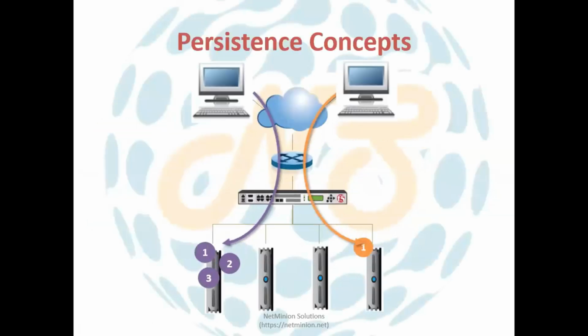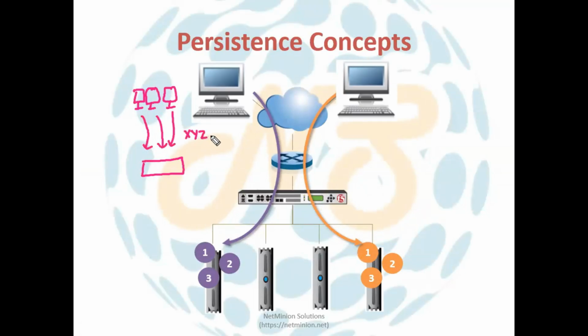So try to understand the basic behavior of any load balancer. Some users are sitting here, and they are coming to the load balancer for an application, let us say xyz.com.